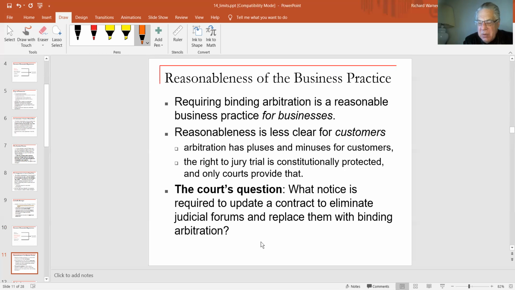Arbitrators tend to be a little more favorable to businesses on the whole. It's cheaper, and for the business it avoids class actions, right? Because arbitration is one by one. So there are pluses for the businesses. There are minuses for the consumers, the customers, right?